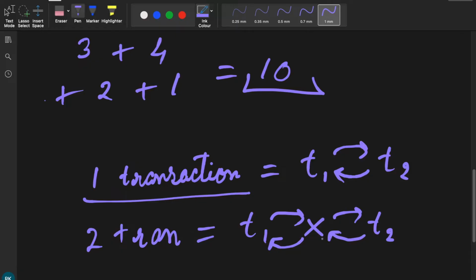So if we are doing these two transactions, what is happening is there is only one transaction being performed on T1 and T2 elements, but there are two transactions being performed on X. So if X was from basket 1, it will remain in basket 1, and if it was from basket 2, it will remain in basket 2. But the positions of elements from T1 and T2 will get changed.